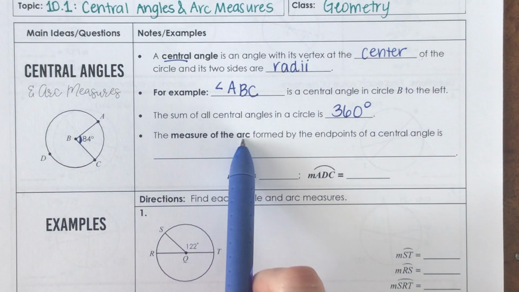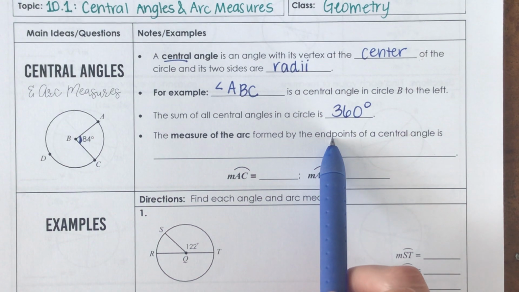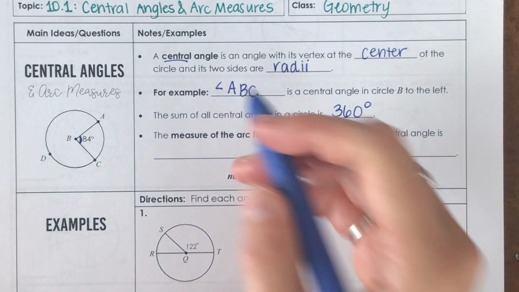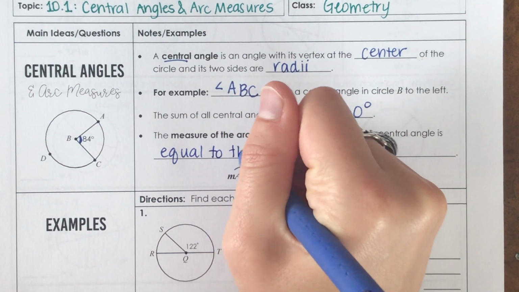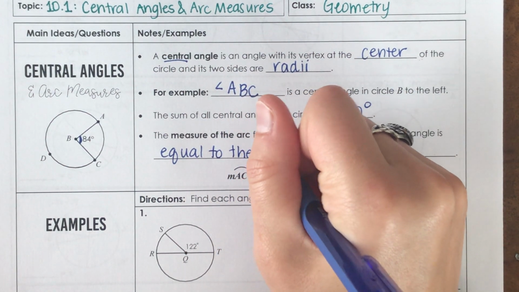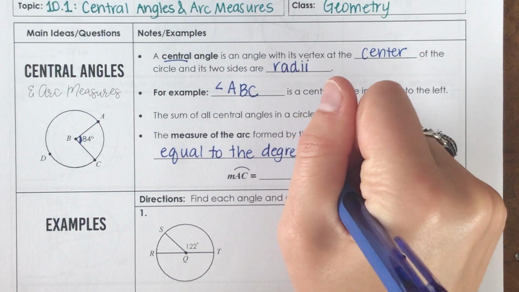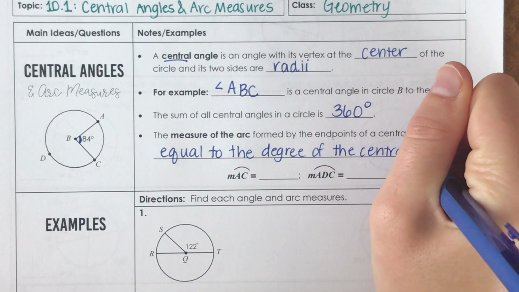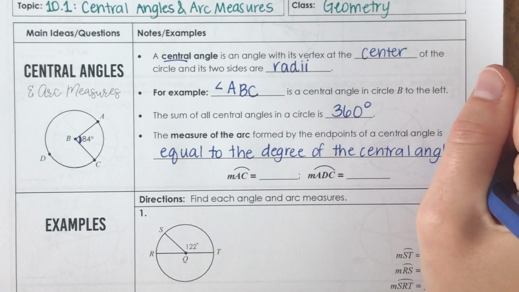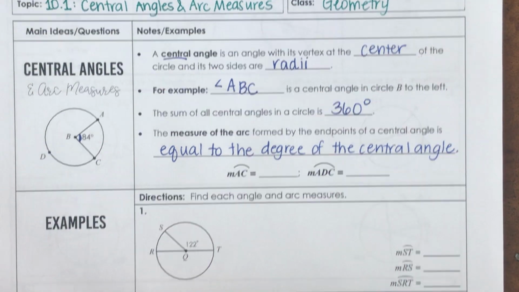The measure of the arc formed by the endpoints of a central angle is equal to the degree of the central angle. Here's what that means.